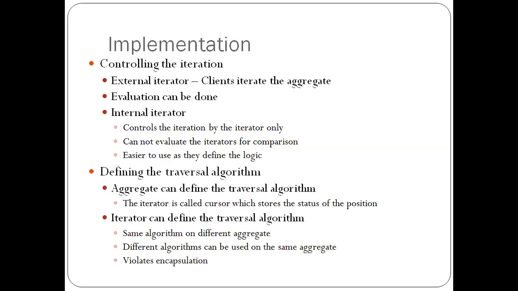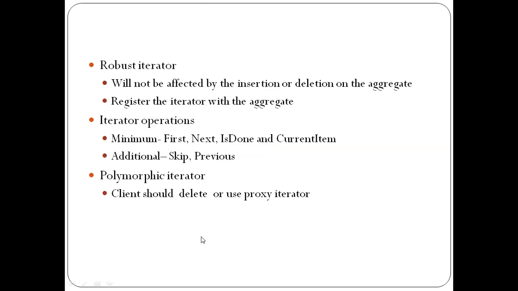So the algorithm which we have defined for our accessing can be inside the aggregate object, or it can be inside the iterator object, in the same way as we have external or internal iterator. The iterator is robust when the list or the concrete aggregate object is updated, like inserting or deleting an element, and the iterator is not affected by this update operation.